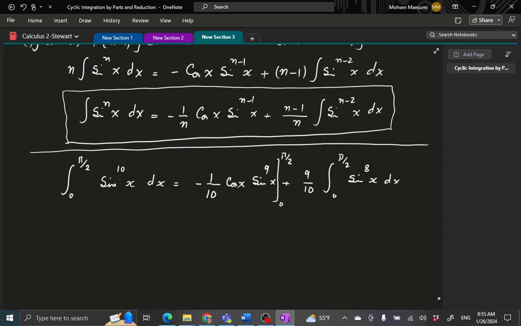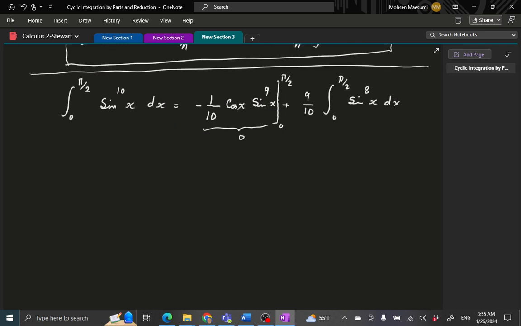This whole thing becomes 0 because at the top end the cosine is 0, at the bottom end sine is 0, and thankfully it just goes away. That reduces the clutter. So the integral from 0 to pi over 2 of sine to the power of 10 of x dx becomes slightly simpler. It becomes that integral to the power of 8.